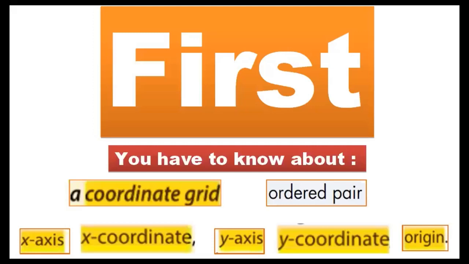Okay, what about the x-axis? The x-axis is the horizontal axis on the grid, and the vertical one is the y-axis. The intersection point between the value of x and the value of y will be our determined point.